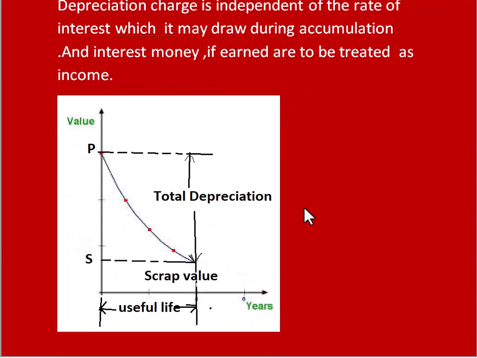When the graph is drawn between the asset value and the useful life of the equipment, it will be obtained like this. This is the initial value of the equipment, and this is the end of the useful life, and whatever value is available at that point is the scrap value, and the difference between the initial value and the scrap value is the total depreciation.